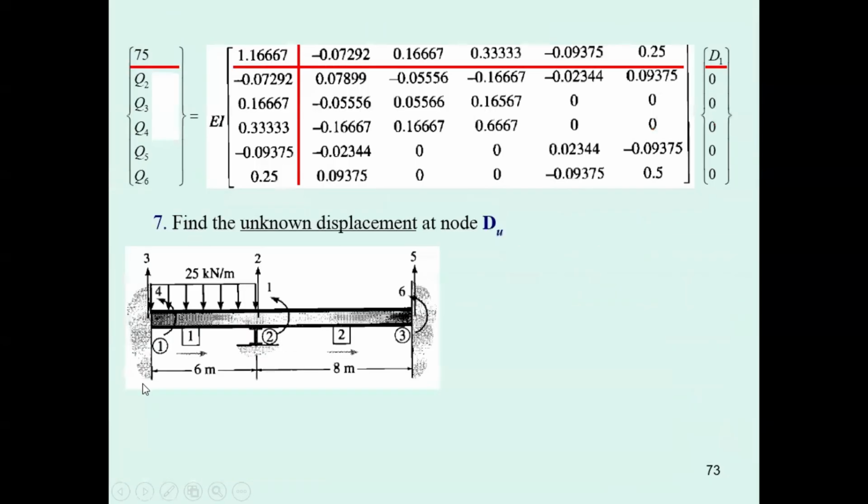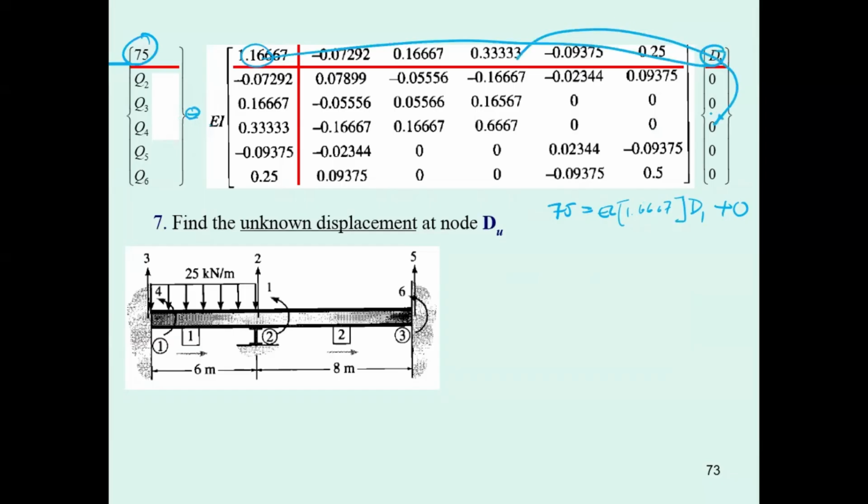Then you will see 75 equal to EI times this matrix, which is going to be 1.6667 times D1, plus 0. This one equals this one times this one, and this one times this one is going to be 0.